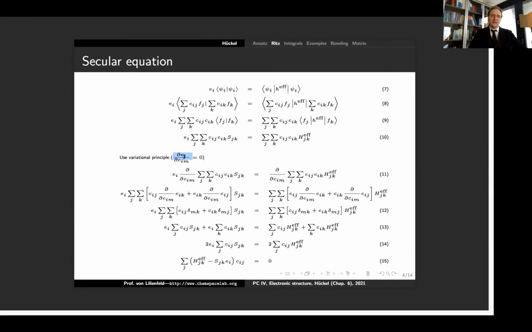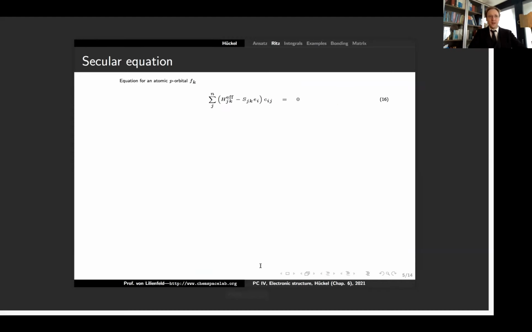So taking this derivative, so insertion here in equations 7 to 10, we simply inserted the series expansion. Then we applied the variational theorem and arrived at what you know already in terms of a secular equation.